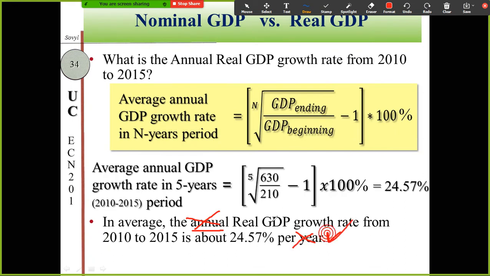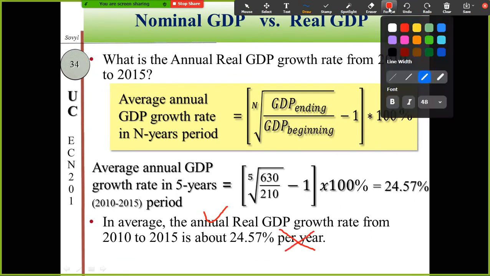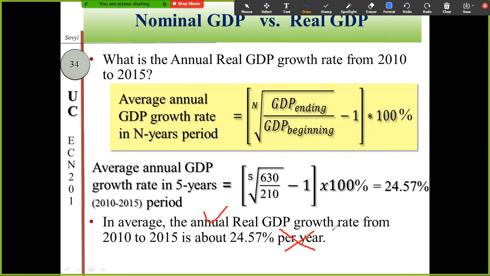But if you use per year, don't use annual. Why? Because they have the same meaning. So use only one.